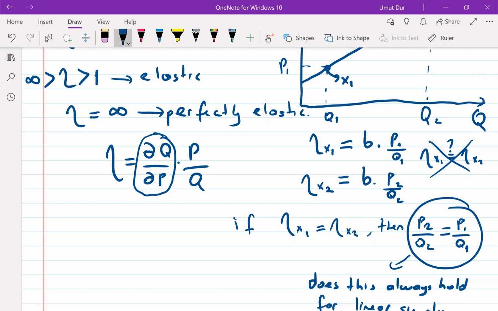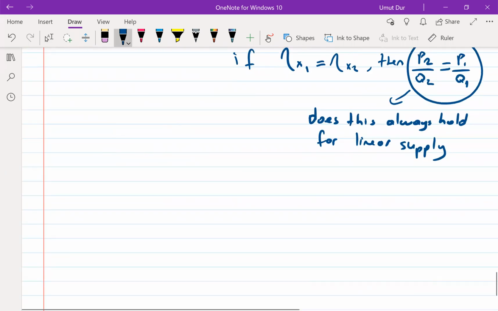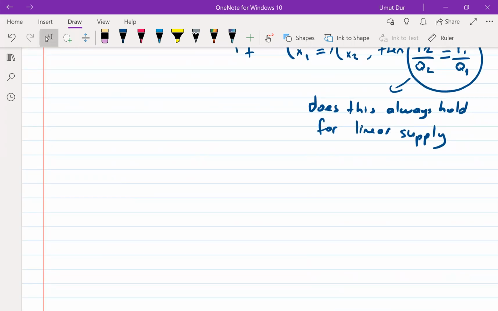Okay. So then let me just solve one example, okay, for the elasticity, and we will finish today's class. Okay, and it will be a very easy question. Okay, so it will just be for demonstration.